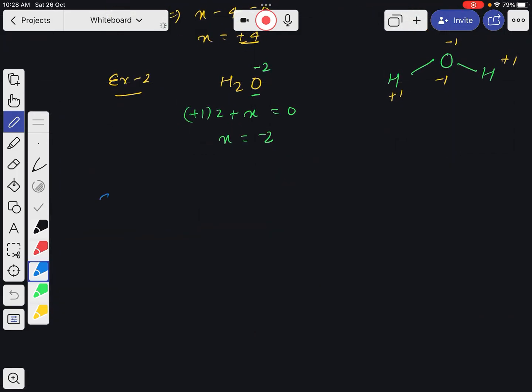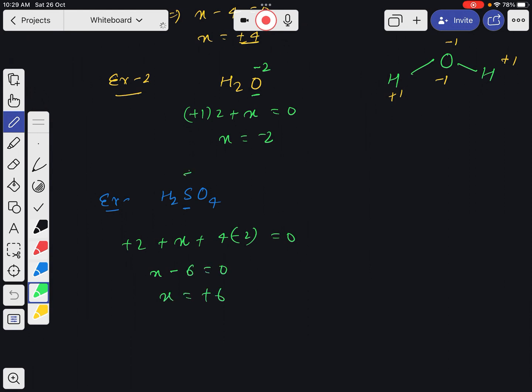Consider another example, H2SO4. Here, calculate the oxidation number of sulfur: 4 into minus 2, and this is your plus 2, equal to 0. So X minus 6 equal to 0, X equal to plus 6.